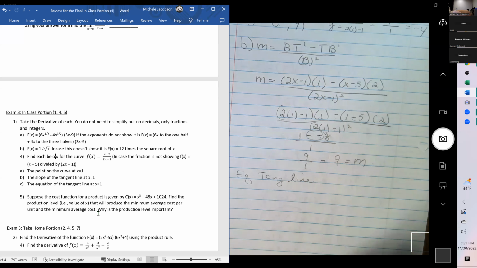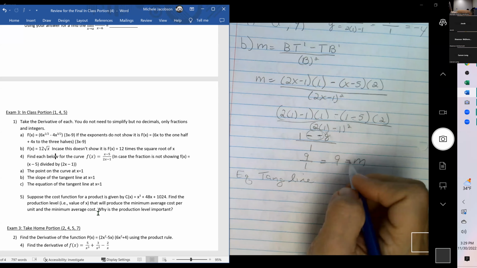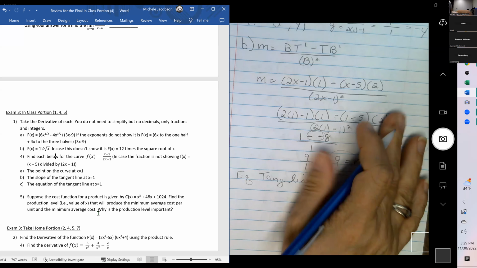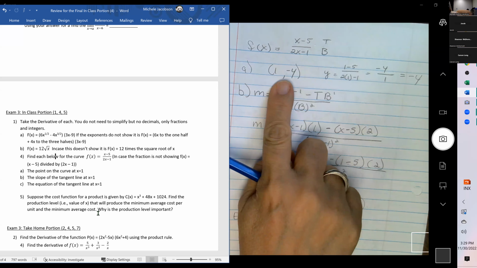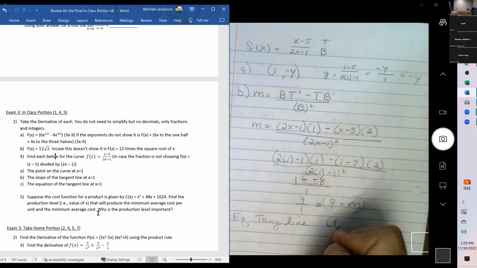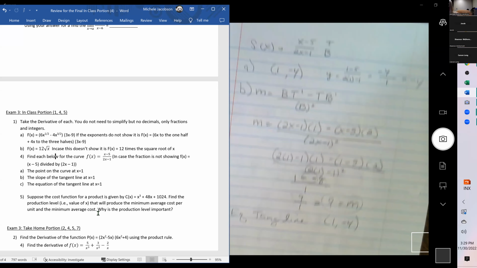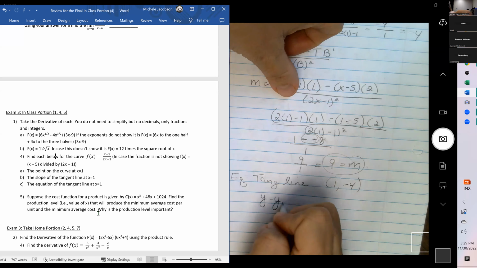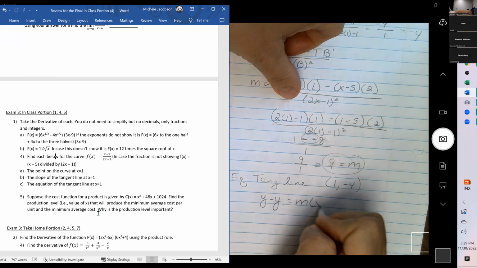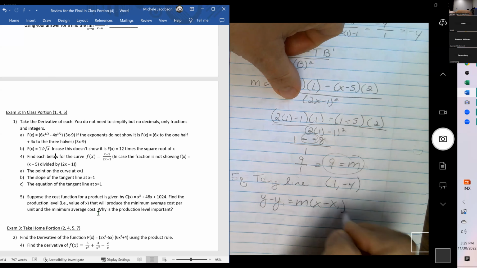To find the equation, we use this, and our point was (1, -4). y minus y1 equals m times x minus x1.